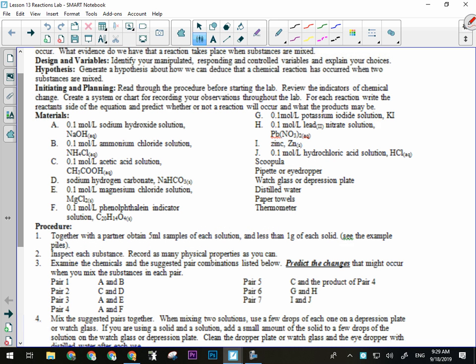All right, for our hypothesis, what three words go in? If, and, then. The if part needs to tell me what happens in a chemical reaction. That's what the if part needs to address.